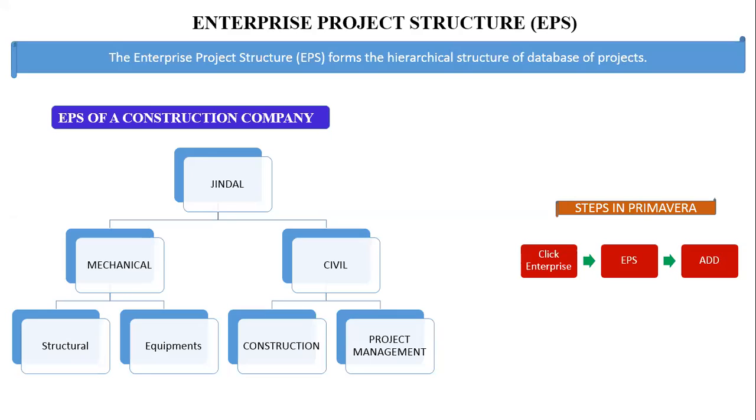This is the enterprise project structure, because we need to give this input initially to the project. That will help us understand clearly who is handling which projects. Why are we introducing this enterprise project structure in Primavera?